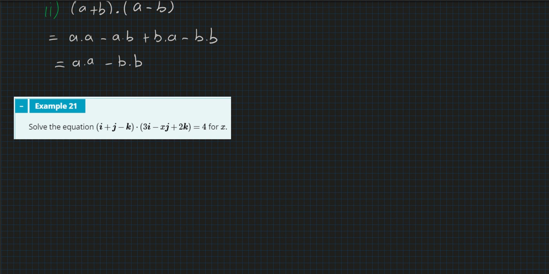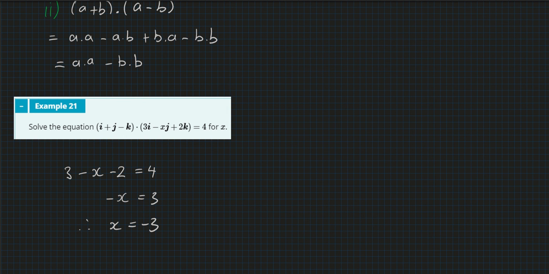So that means 1 times 3 plus 1 times minus x, plus minus k, so minus 1, times 2 is minus 2. We need all of this to equal 4. If we add 2 makes 6, take away 3, so minus x is equal to 3. Therefore, we need x equal to minus 3.